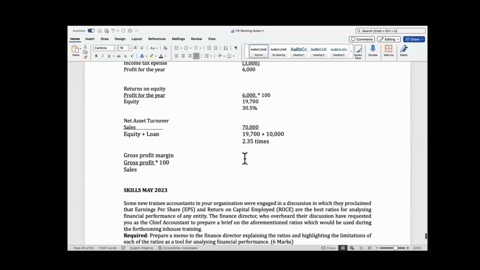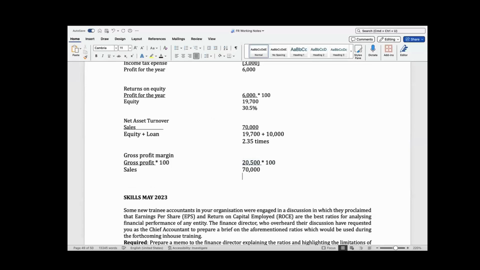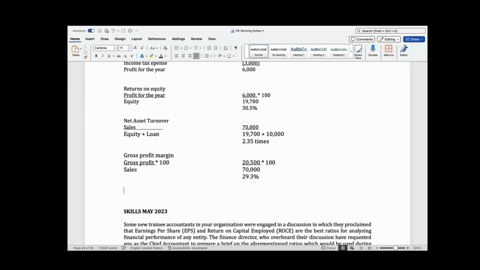This is 25 divided by 70,000. So how much is that? 29.28, so let's say 29.3%.